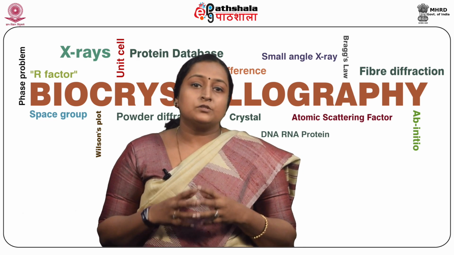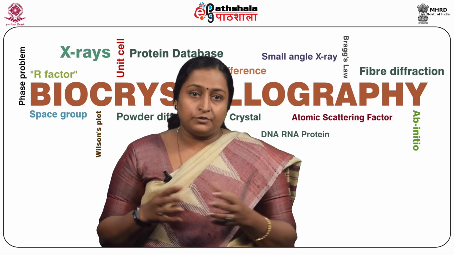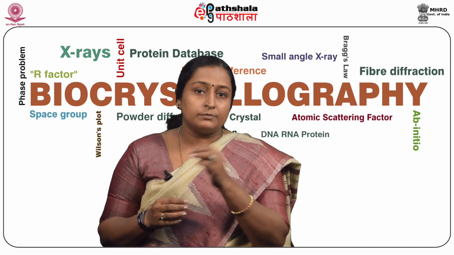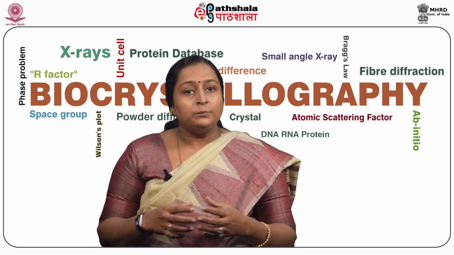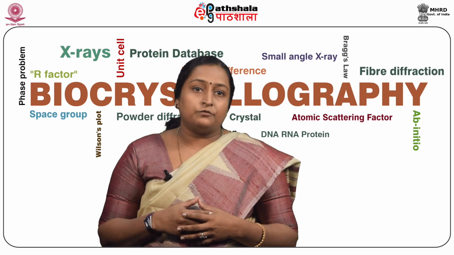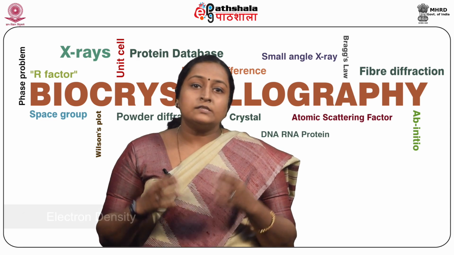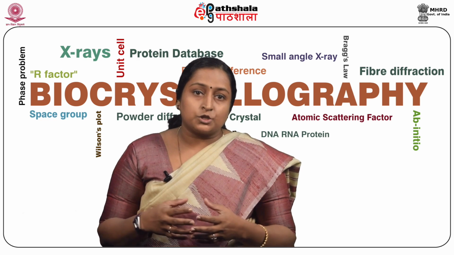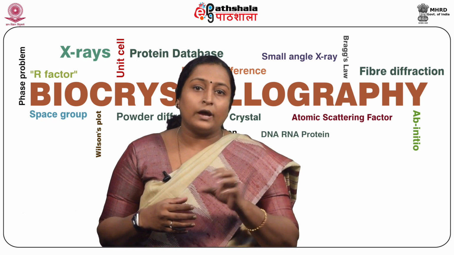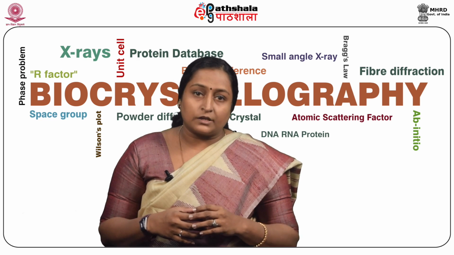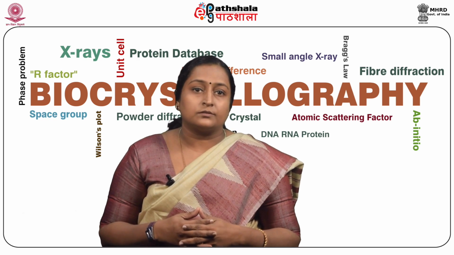Whenever the B factor distributions deviate significantly from a physically reasonable distribution with a positive skew, it might be a good idea to investigate further. As long as the electron density, the correlation plots, and the difference electron density support the existence of a few atoms with high B factors, there is nothing to worry about.